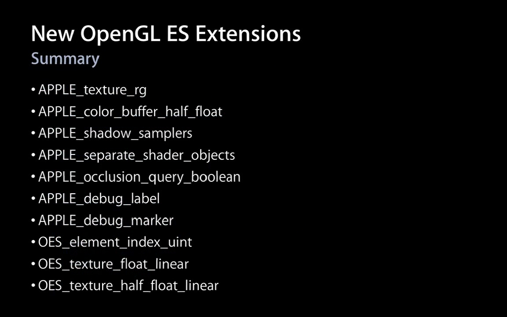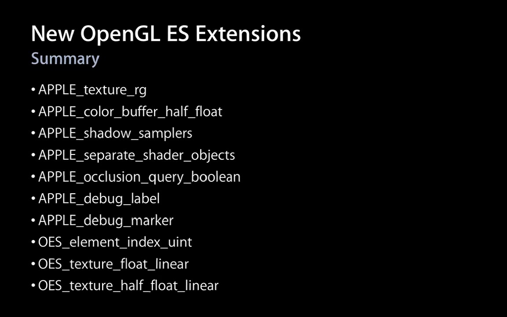So these are the new OpenGL ES extensions. I talked about the texture RG, which is 1 and 2 component textures that work really well with the new AV Foundation API, CV OpenGL ES texture cache. We talked about color buffer half float, 16-bit float render targets that you can use for high dynamic range rendering, motion blurs, scientific computations. The shadow samplers, sampling of your shadow so that you can have soft edges.